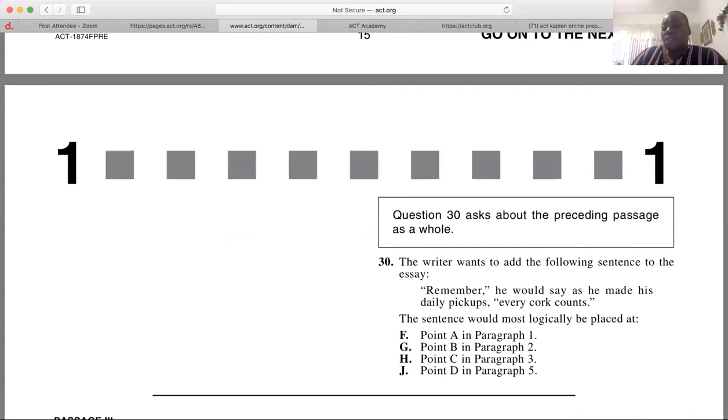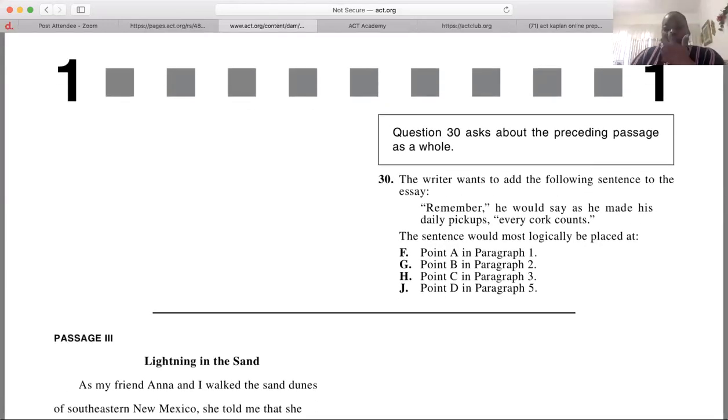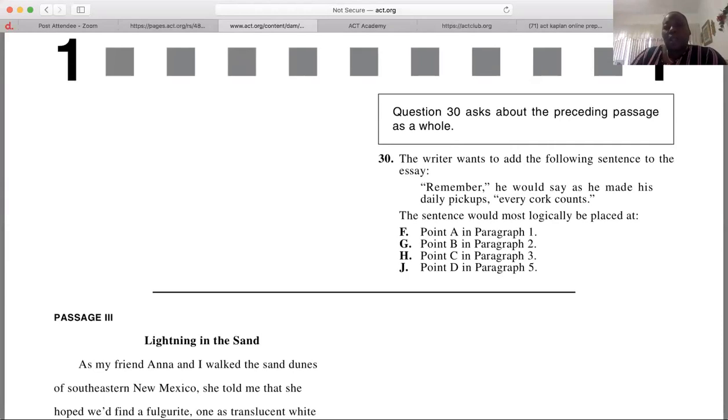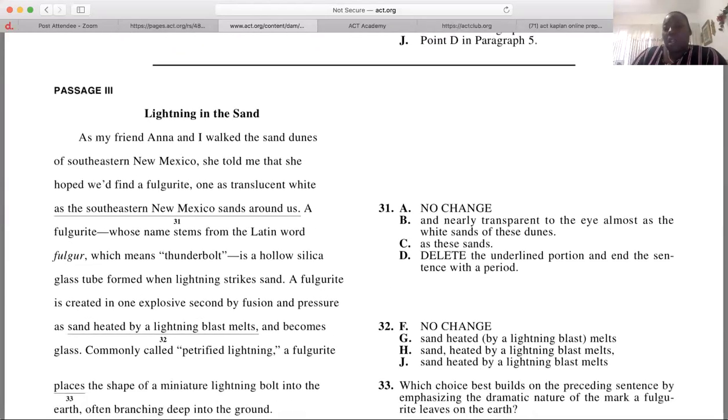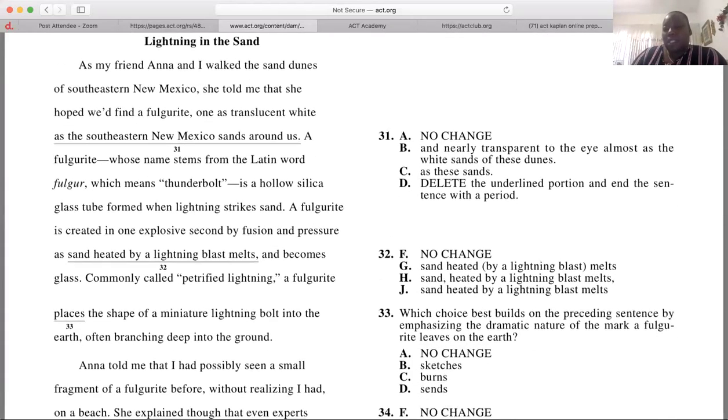Some students refer to these as the directional questions, where, based upon the sentence, you determine the most logical point within the paragraph. Should it go in paragraph A, B, C, or D, and at what point? As a student, you will have to determine the proper place for that particular sentence.